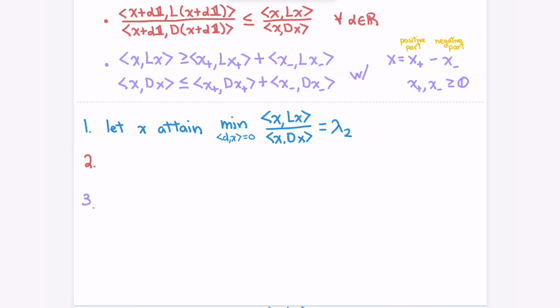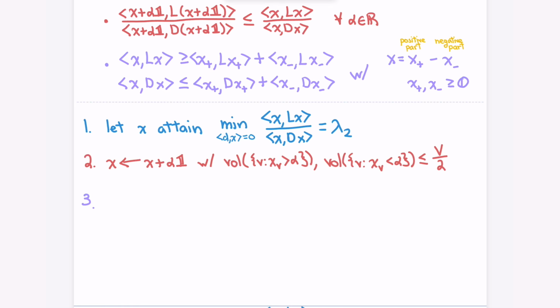So we can shift it. If we choose alpha to be that breaking point to capture half, I could choose some value alpha. Everything strictly bigger than alpha, you'll get volume at most half.